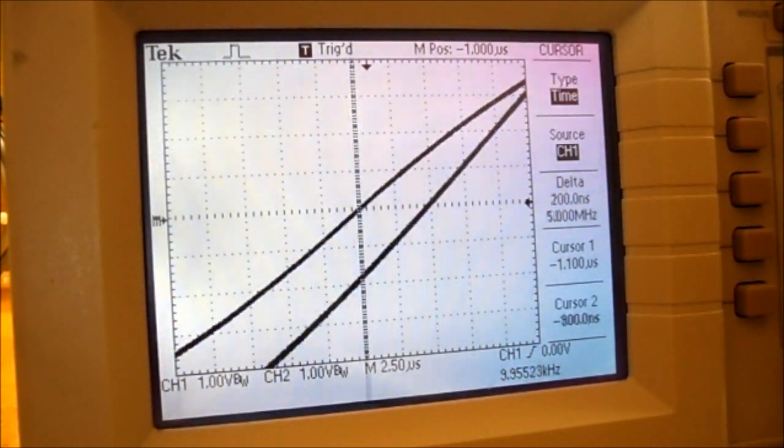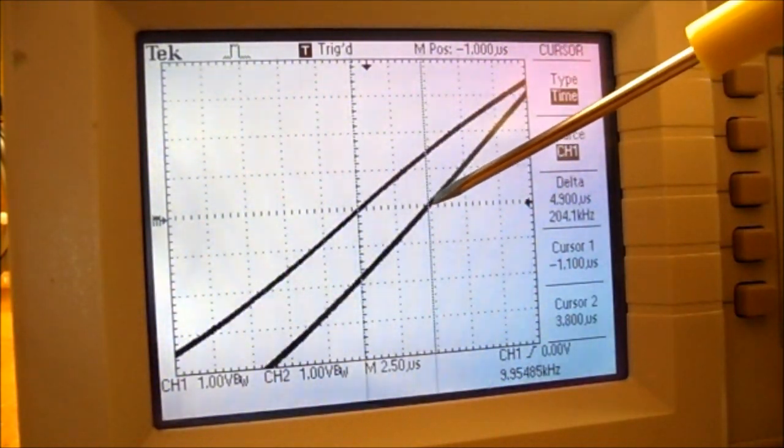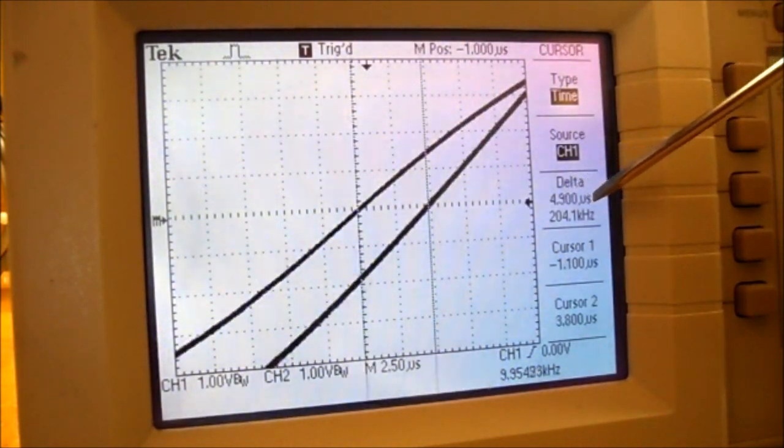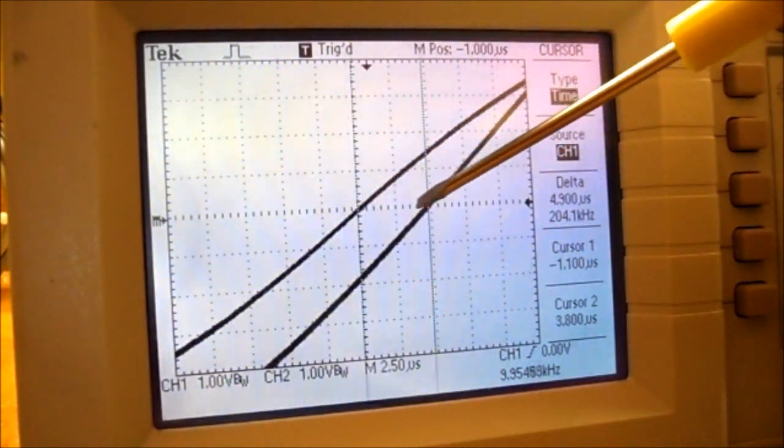The second cursor has to go through VC, which is the second waveform, and you want to get it right through the zero crossing. And you can see my delta is 4.9 microseconds, and it's lagging.